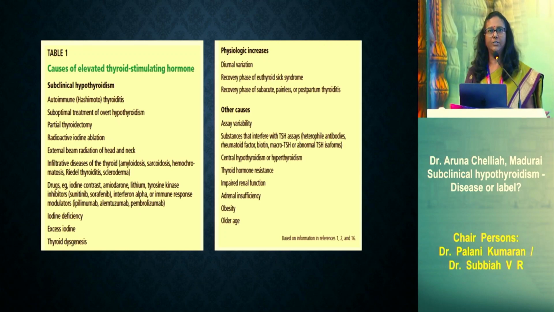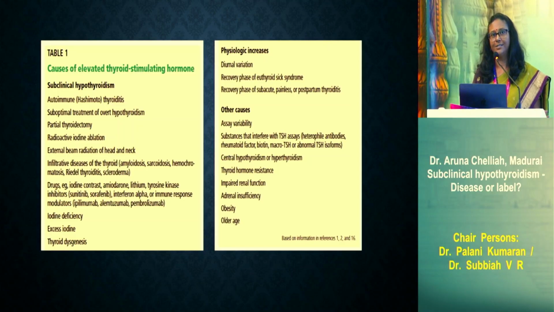So before going into the differentiation, what are the causes that can elevate TSH? Here, Varun gave you a big list, I'm giving you another list. The most common is, of course, autoimmune Hashimoto's thyroiditis. Physiological causes you should be really aware of: diurnal variation, recovery phases of euthyroid sick syndrome, recovery phases of subacute painless or postpartum thyroiditis.